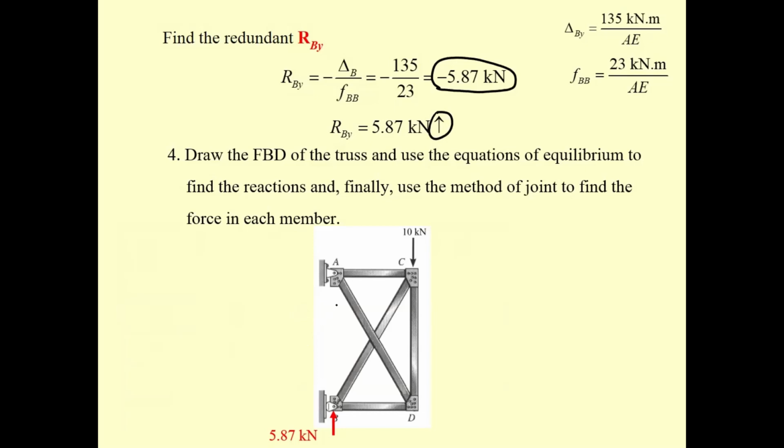Now, you got to determine the reaction. And then after you determine the reaction, you may use method of joints or method of sections to determine the force in each member. That's going to be the whole process. Ajahn, that's going to be a lot of work. Don't worry.